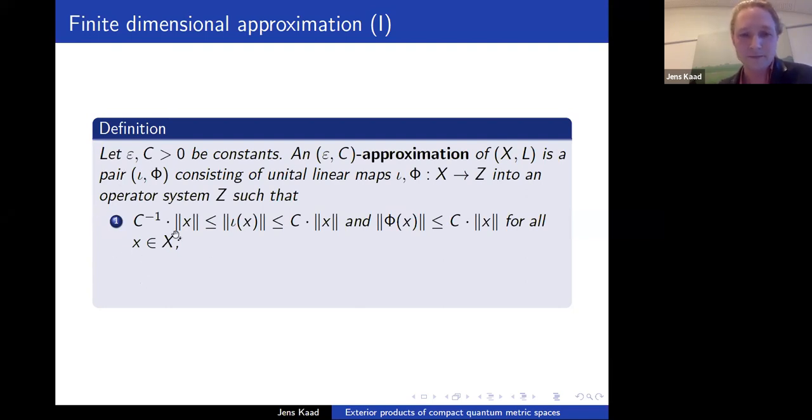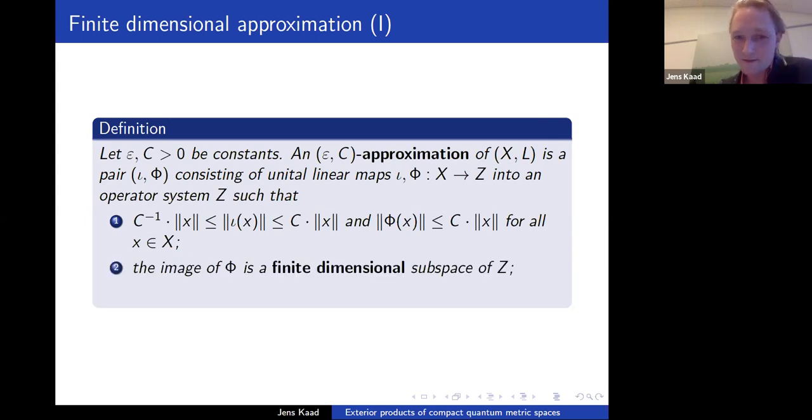The first ones are some inequalities. The first two inequalities say that iota is bounded, that the inverse is well defined, and that the inverse is also bounded as an operator. And the operator norm of both iota and the inverse of iota are dominated by my constant c. The second condition says that phi is also bounded and the operator norm is dominated by my constant c. Here comes the finite dimensionality.